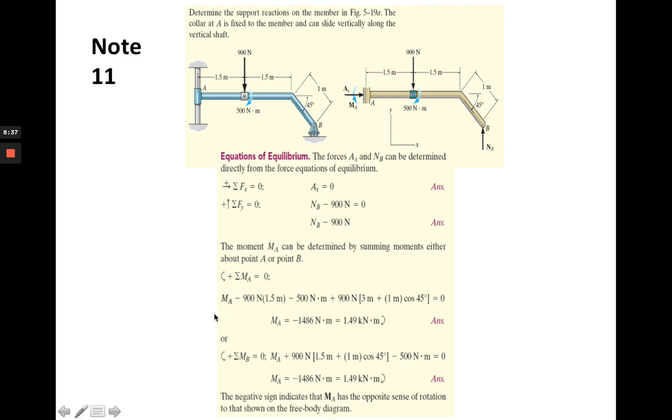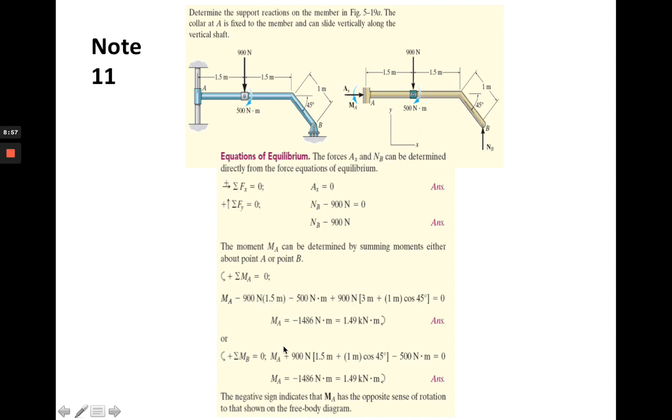So in this example, you are writing MA. So this one, you must be very careful because you need to assume your direction. For this condition, I follow MA, so I take anti-clockwise as positive. So the rest, this one, I need to make negative.